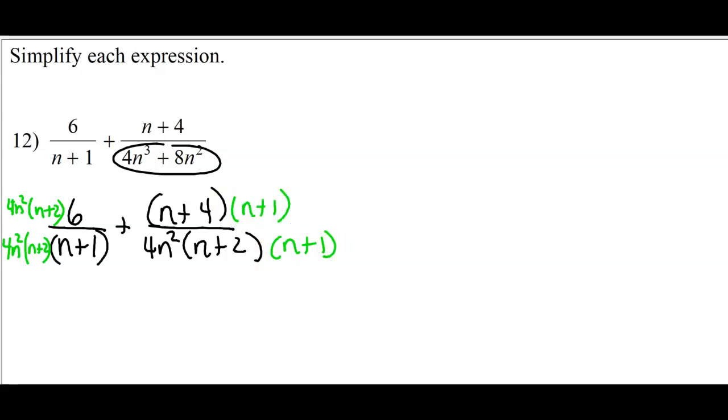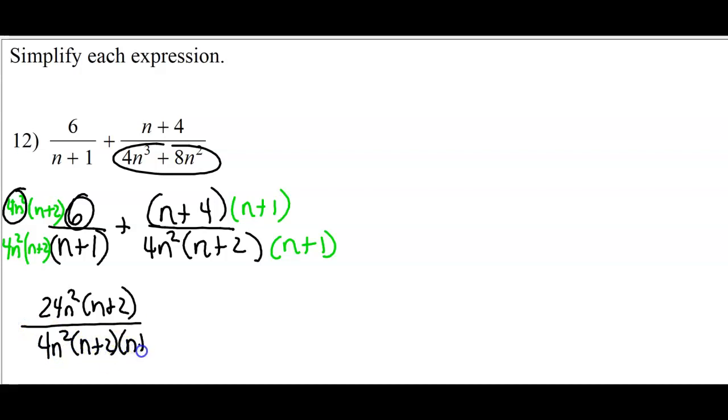Okay? All right, well, let's go ahead and start simplifying this a little bit. First of all, I'm going to put the 4n squared times the 6 together, the two monomials, 24n squared. Over here, we've got some work to do, but we'll get to that in a second.